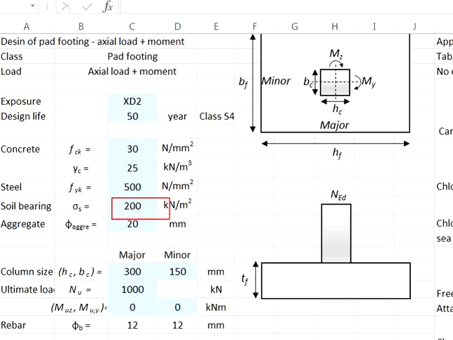Soil bearing capacity 200 kN per meter square. Maximum aggregate size 20. Size of the column: the longest span hc equals 300, the shortest span bc equals 150.